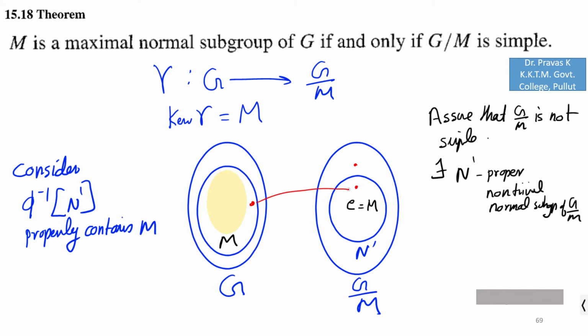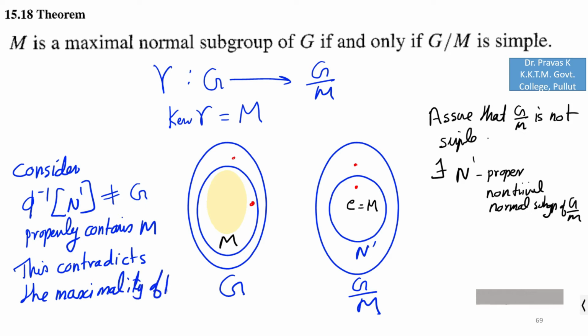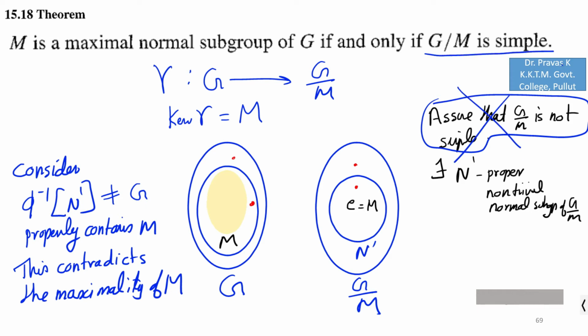And since there should be an element outside this gamma inverse N dash that maps to an element outside N dash, you can see that gamma inverse N dash is not equal to G and properly contains capital M. So this statement contradicts the maximality of capital M, since we know that gamma inverse N dash is a normal subgroup. So our assumption that G over M is not simple is wrong, and G over M must be a simple group.